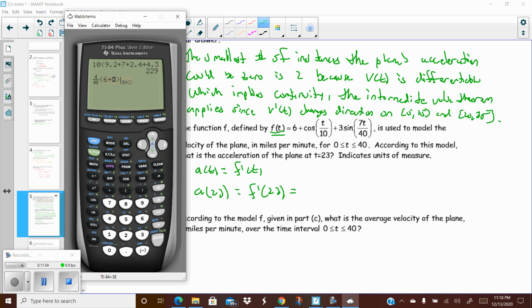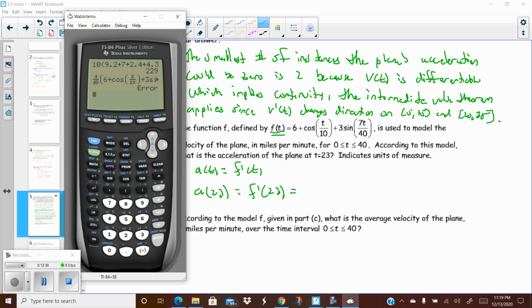6 plus cosine of, let's make it actually look like a fraction, x over 10, plus 3 sine of, I don't know what I hit there.